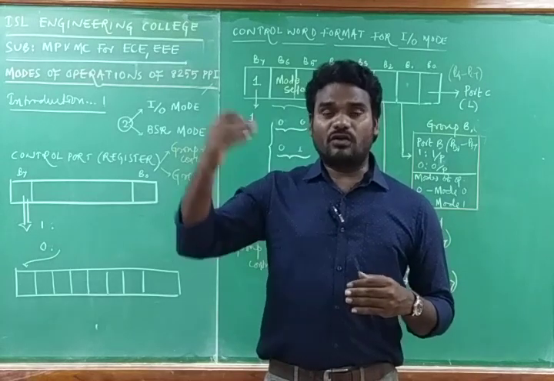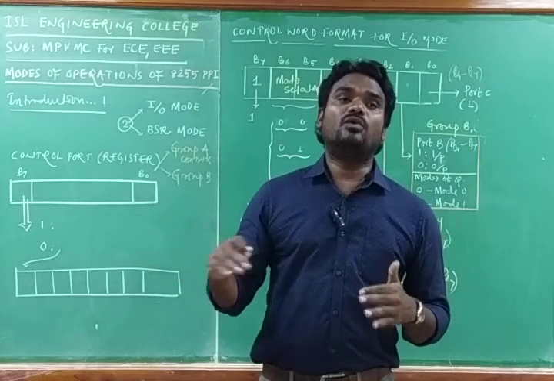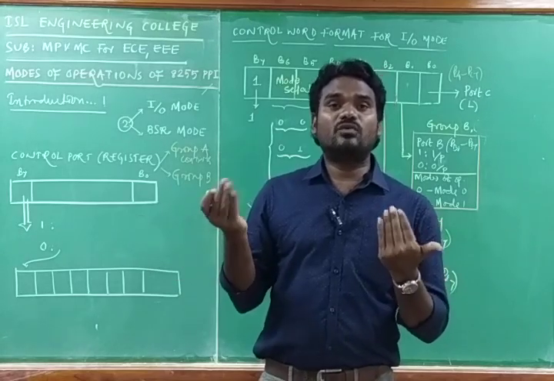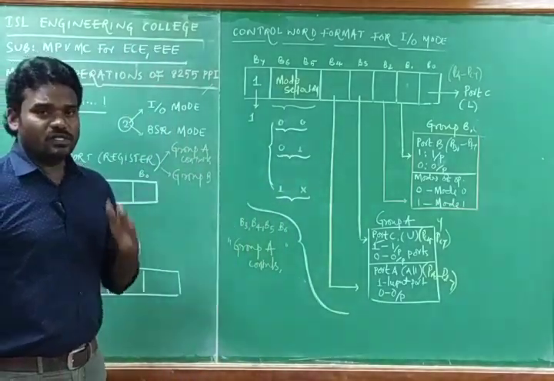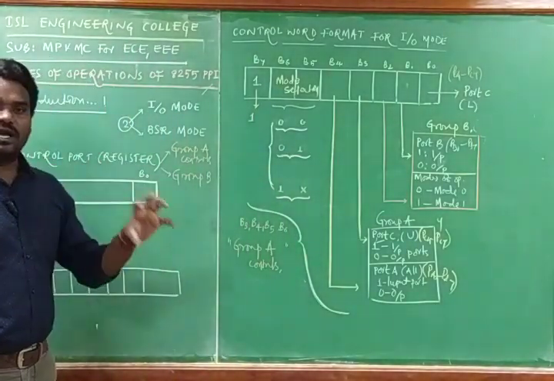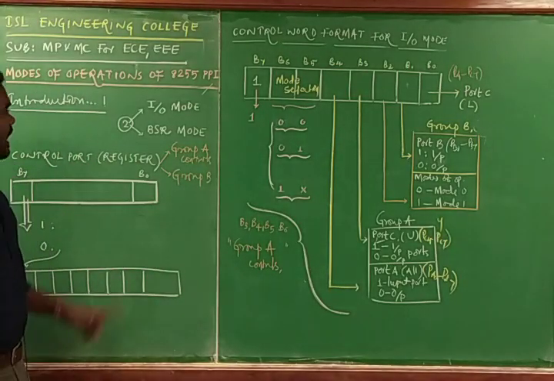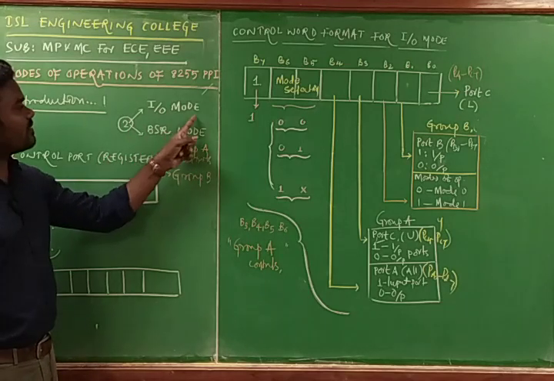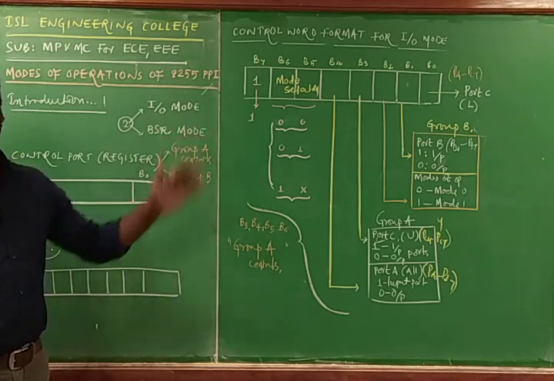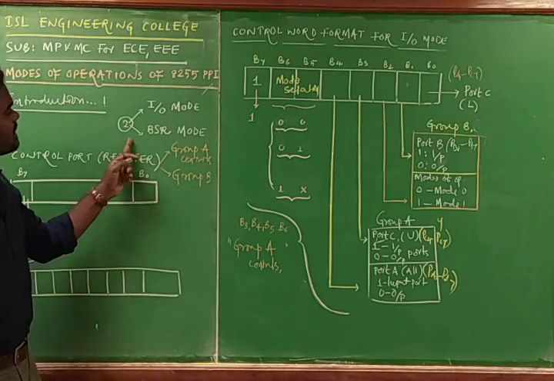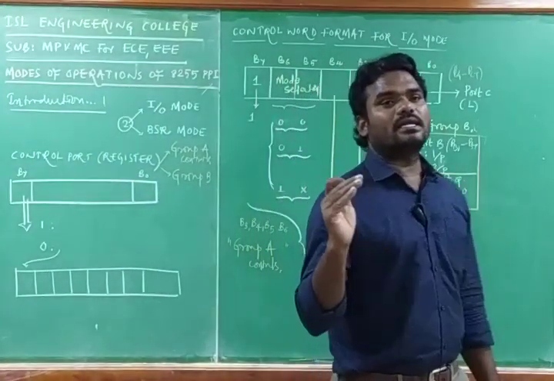That means the 24 pins out of the 40 pins can be programmed to provide the input signal or to access the output signal, and that mode of operation is named as IO mode, that is, input output mode of operation. Second mode of operation is BSR mode. BSR stands for bit set reset mode.